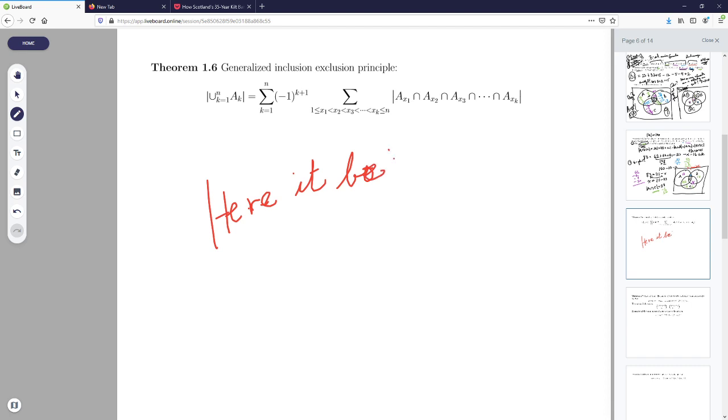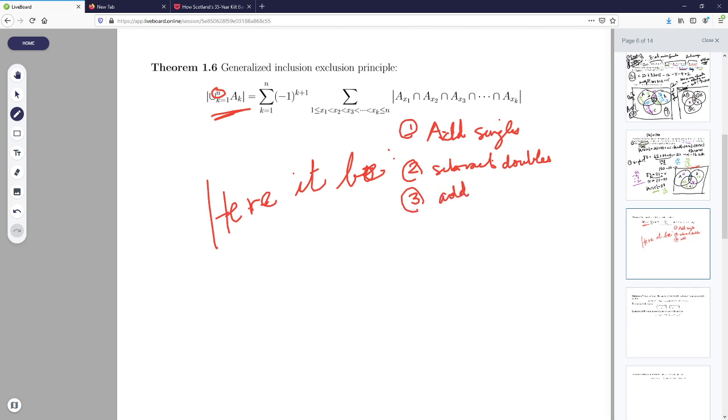The way to think about it is that whenever you're unioning n sets, what you're really doing is you're adding up all the singles, subtracting the doubles, adding the triples, and then subtracting the quadruples.